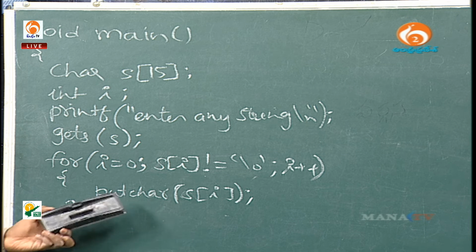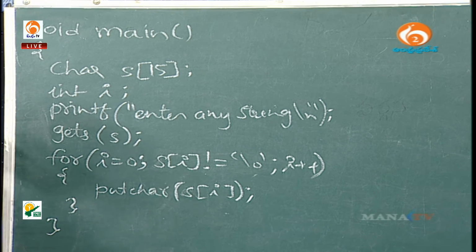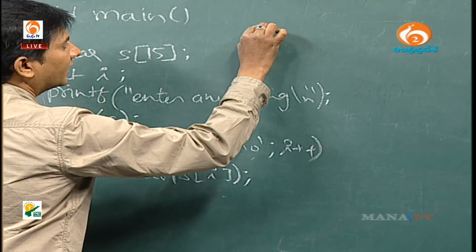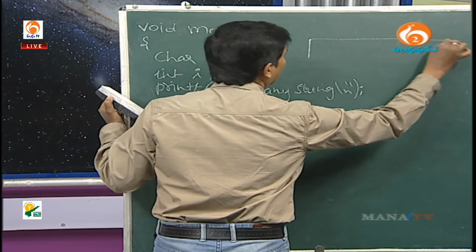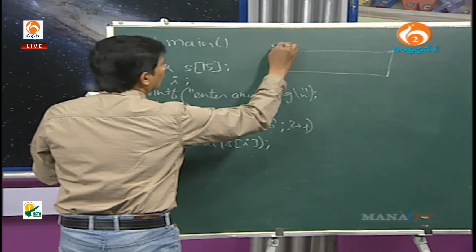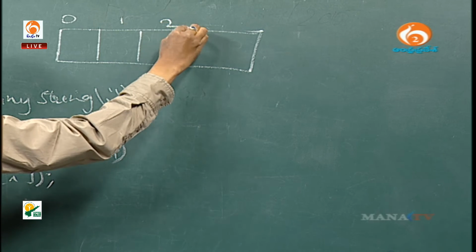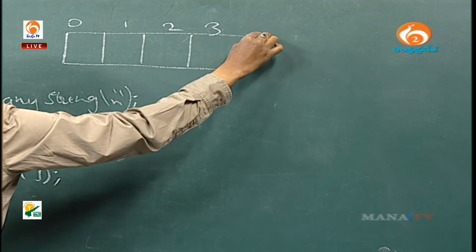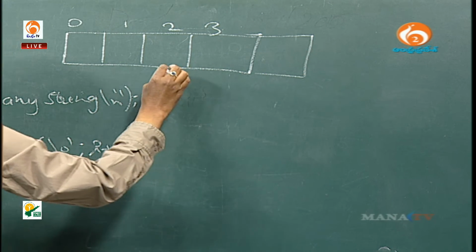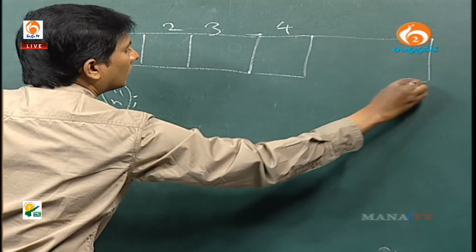Each character is printed. We will see how it works. First, s of 15, a character array of size 15 is created: 0, 1, 2, 3, 4 and so on.